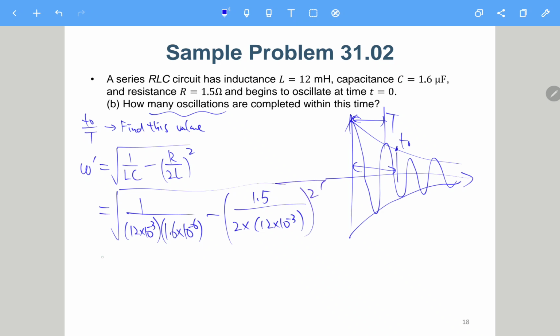So omega prime is 7.217 kilo radian per second.